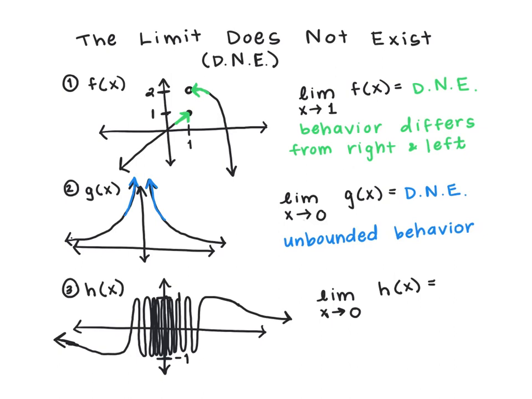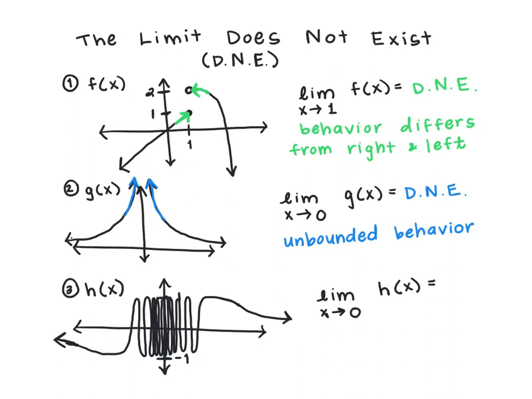And I did my best to show this, but as you get closer and closer to 0, this function is going to be moving faster and faster between 1 and -1. That means that my function is never settling down to one particular value as I get really close to 0.